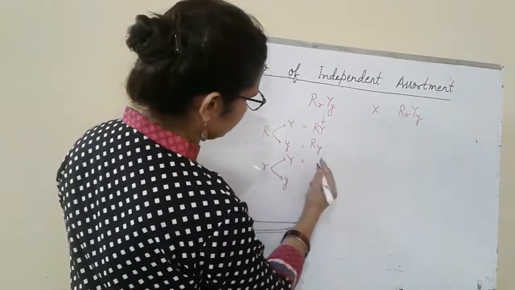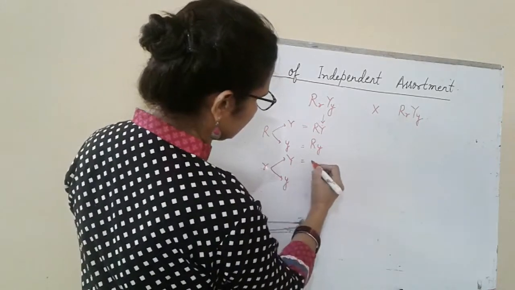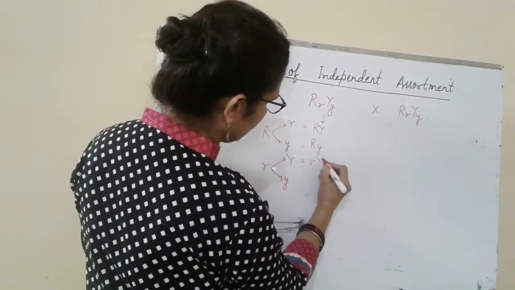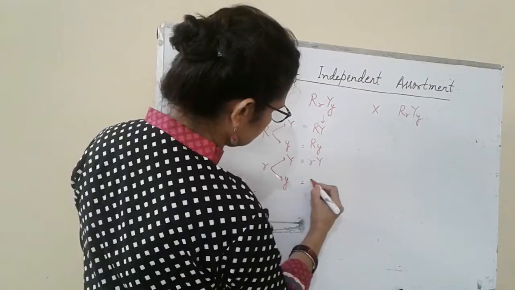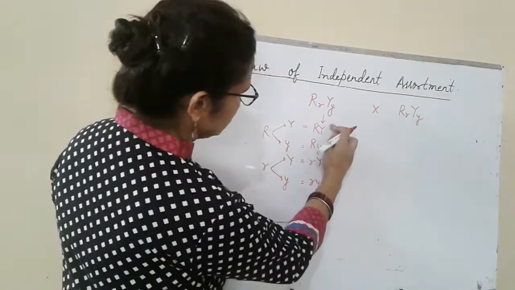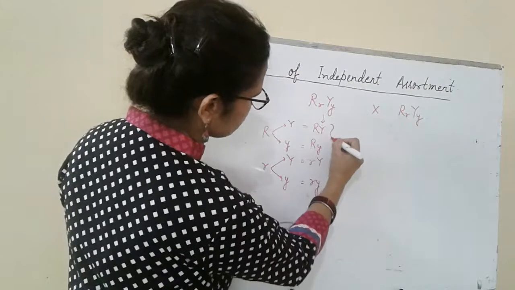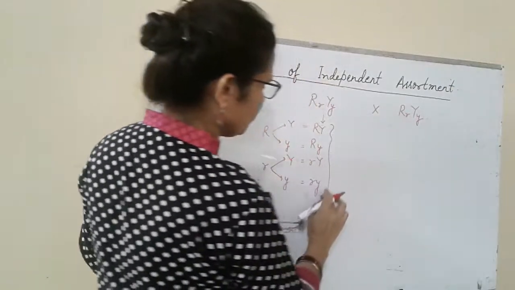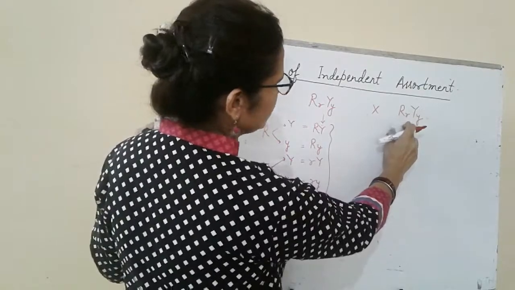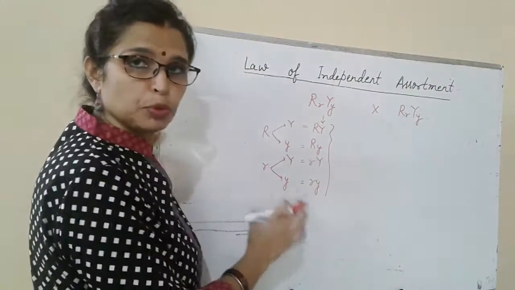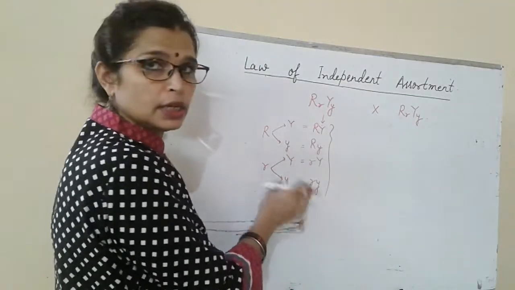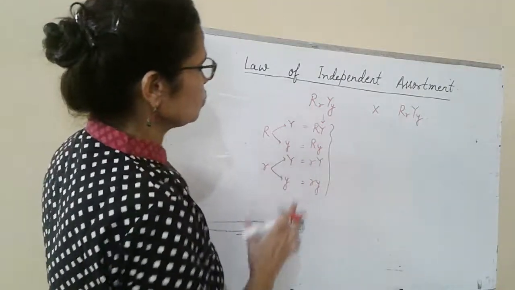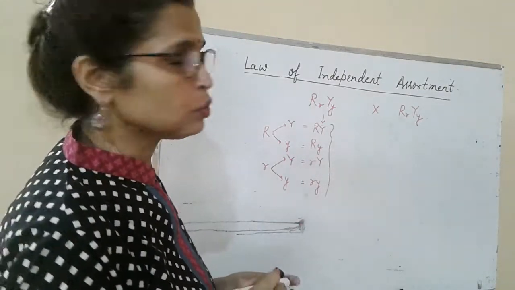Here this allele can go with capital Y, so small r, capital Y, and in this condition small r, small y. So these are the gametes produced by this plant, and the same type of gametes will be produced by the other plant. We are just putting these gametes in a Punnett square to know the genotypes of the F2 generation.